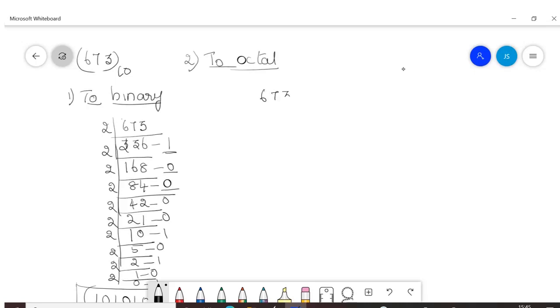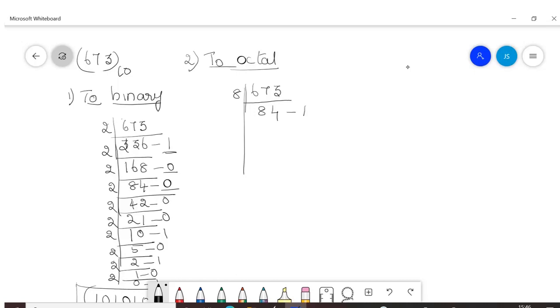So let's take the number 673 and divide it by 8. 8 8s are 64, and 4 8s are 32.